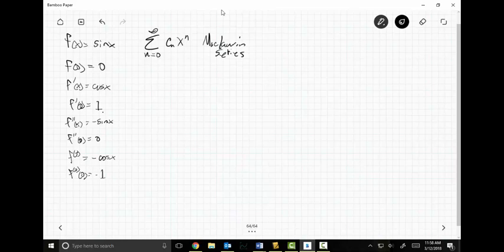Oh, this is interesting. Let's do a few more. The fourth derivative is equal to sine of x. The fourth derivative at 0 is equal to 0. The fifth derivative is equal to cosine of x, okay, now I'm starting to repeat. The fifth at 0 is equal to positive 1. Okay, one more.